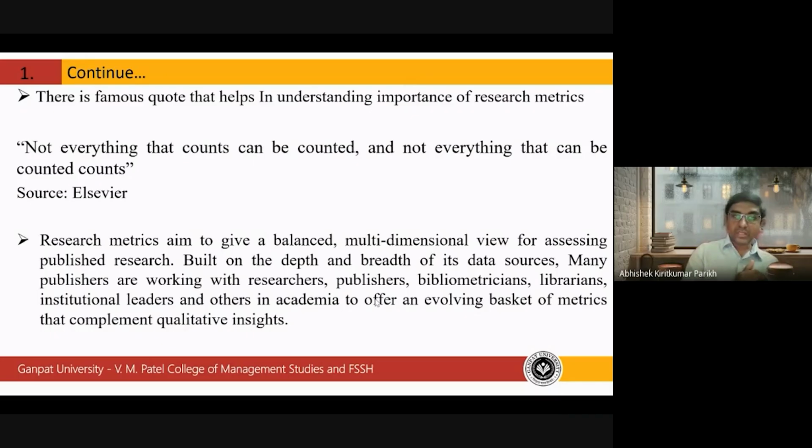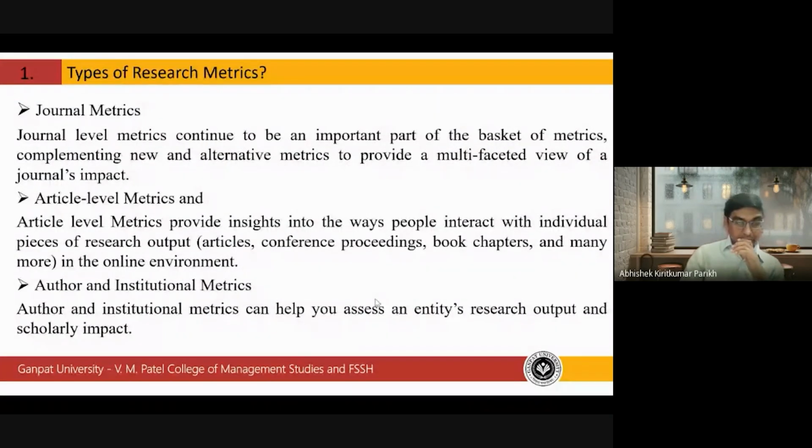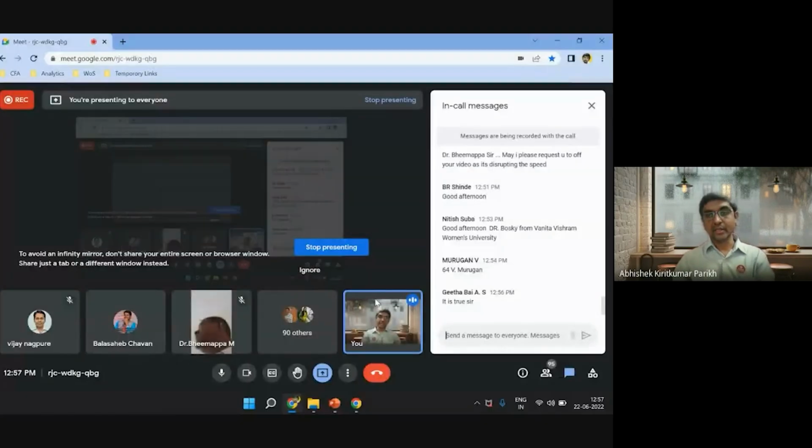Scopus is actually supported by Elsevier, and the Publons profile and Publons publication are supported by Web of Science, right? So we'll discuss both. We have heard the words Scopus and Web of Science more; we have heard the words Elsevier and Publons less, right? But we'll discuss that in today's session.